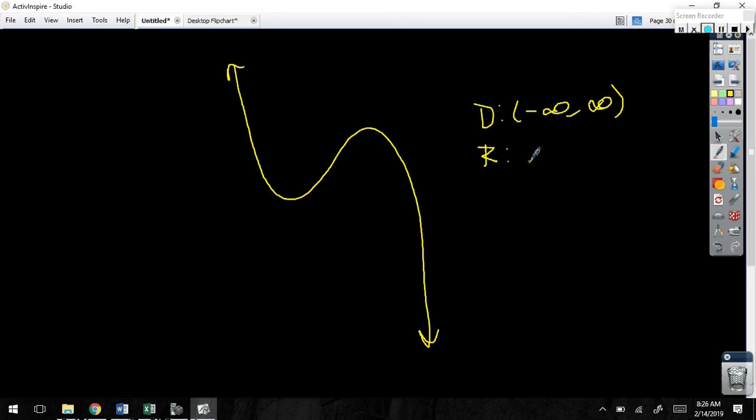And the range as well, because any of your odd degreed functions are going to be negative infinity to infinity for both. Because every odd degreed polynomial, the ends go opposite directions. The evens are the ones that are going to throw you. Stinking even functions.